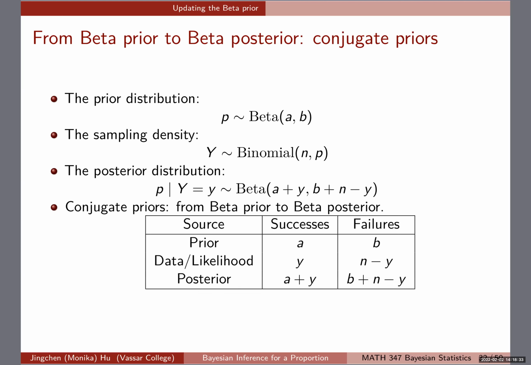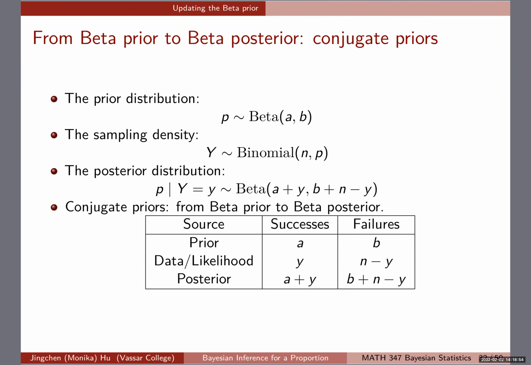And I have a little table over here just to show you the general results, okay? And you can think about these updates in this way as well. If my prior has A and B, okay? And we're going to talk about what we mean by successes and failures in a second for A and B. But if you look at the middle row over here, remember Y is the number of successes, right?